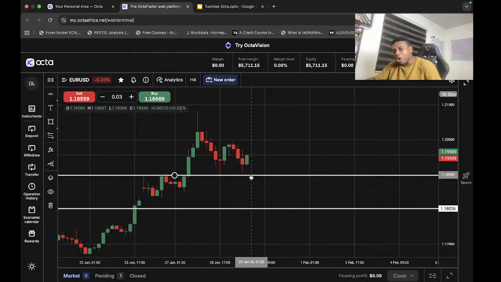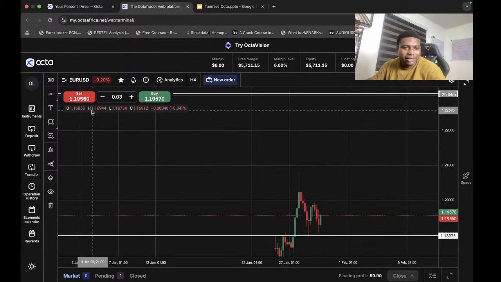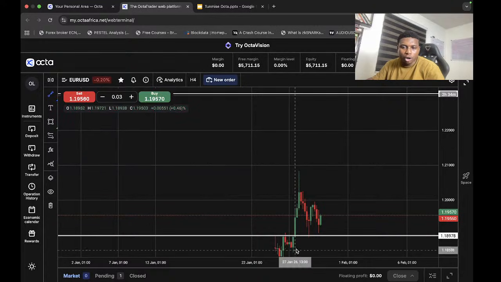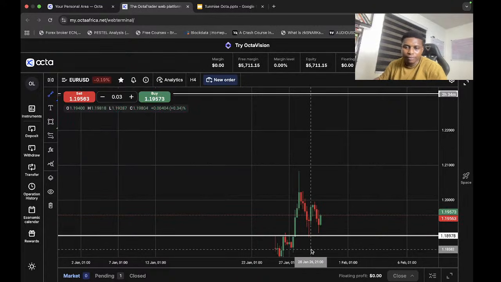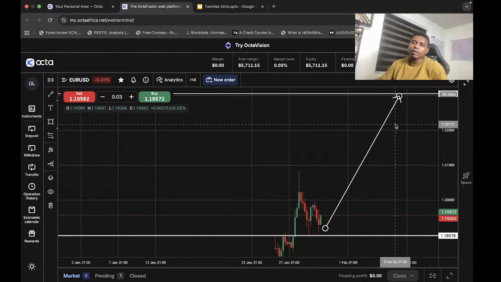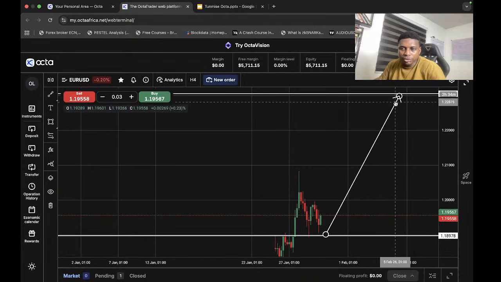And what will happen is that price would push up to the resistance zone.